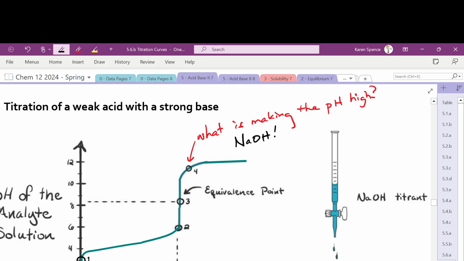We're adding NaOH and all the acid is already gone, right?